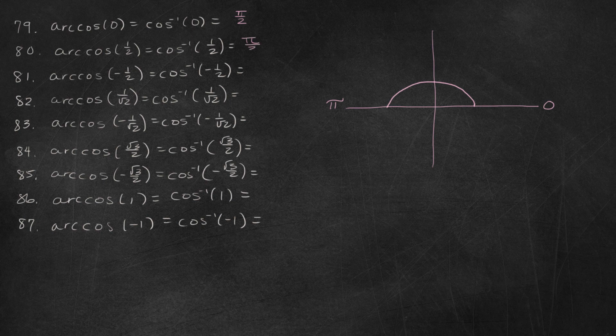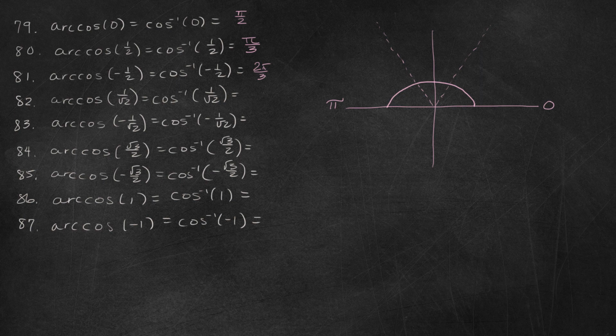At pi over 3. Arc cosine of -1/2. Okay, now cosine is -1/2. If it's +1/2 here at pi over 3, at 60 degrees, it's going to be -1/2 at 120 degrees, or at 2 pi over 3.